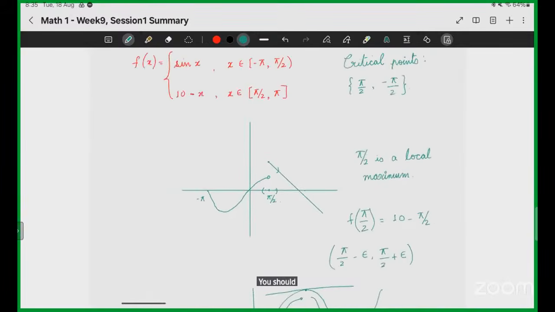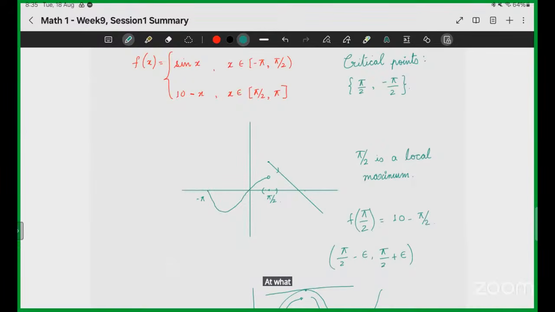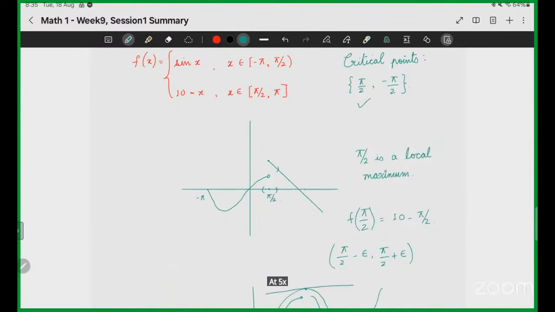In this domain, at what point does the derivative not exist? Except the boundary points. So let's just look at the interior points. At what point is this function not differentiable? Pi by 2. At pi by 2, it's not differentiable. So this is a critical point. Now, for all of the other points, the derivative exists.